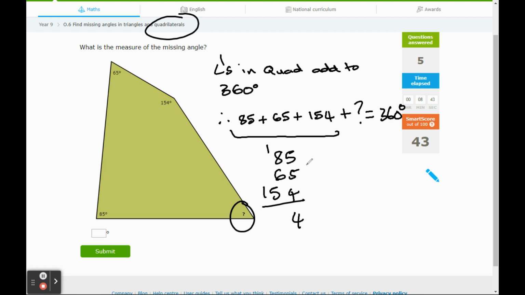If I'm not allowed it in the test, that's 14, 15, and 20, and that comes to 304. So therefore, 304 plus some angle equals 360. So that angle we can see quite clearly should be 56 degrees. So this is going to be 56 degrees, and we're done.